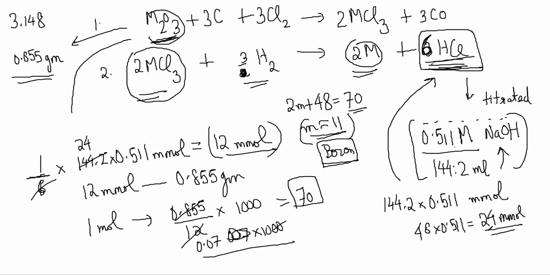One mole of metal is 11 grams, so 24 millimoles will be 24 by 1000 into 11, which is 264 by 1000. So approximately 0.26 grams of metal will be produced. Did you understand how we did it?